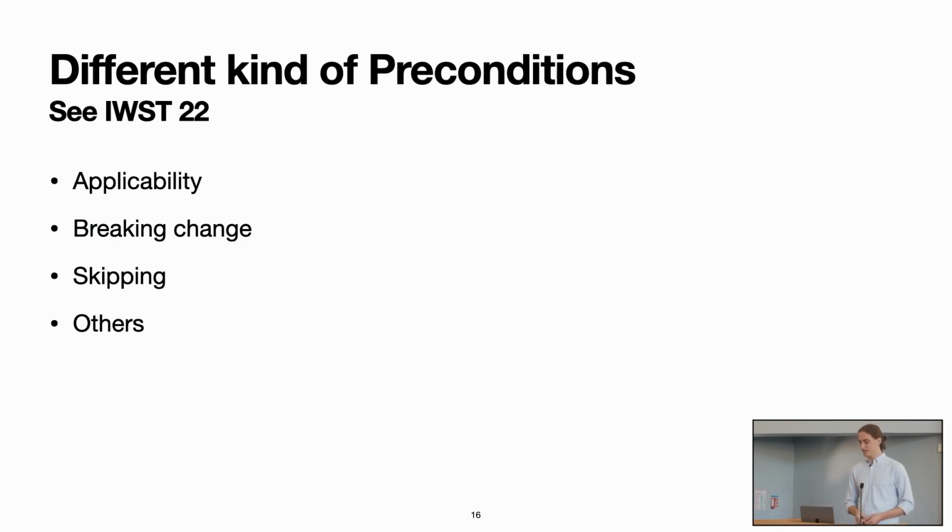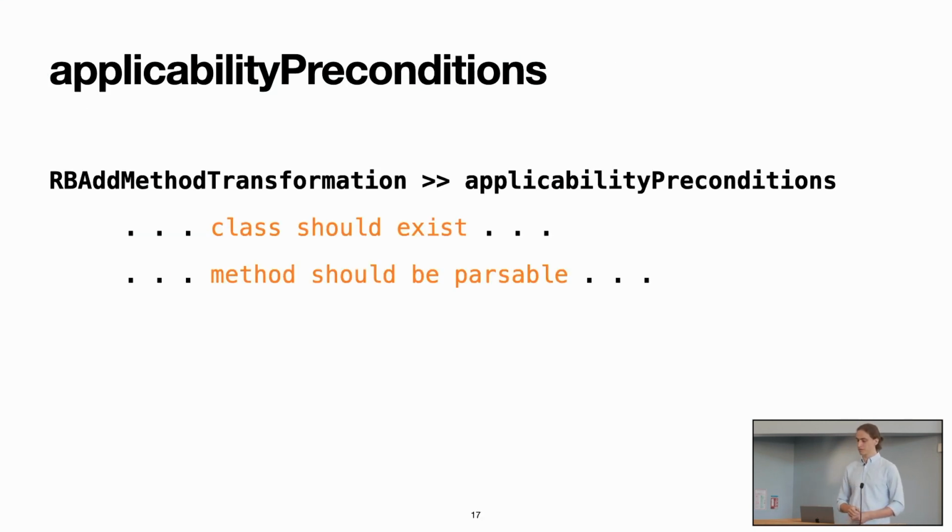Yeah. And there are others because some of them are really complex and hard to reason about, so we are still cleaning them out. And my thinking is that they will eventually be categorized in the three categories above. So this is an example of applicability preconditions: when we want to add a method, we want to ensure that the method is parsable and the class exists, because we don't want to create an unparsable method that you can call and raise an exception.